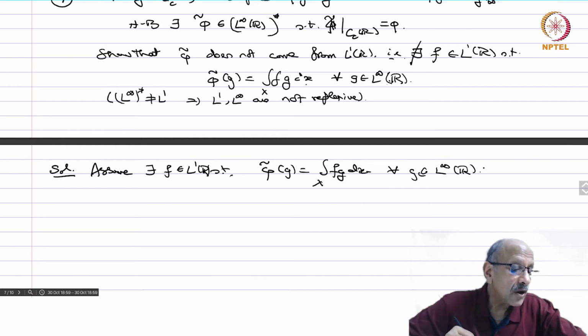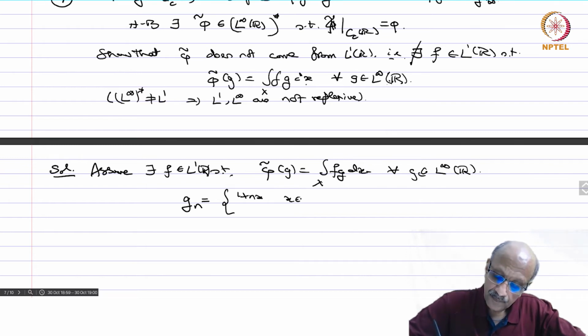Okay, so now we take g_n to be the following function. This is 1 plus nx if x belongs to minus 1 by n to 0, 1 minus nx if x belongs to 0 to 1 by n, and 0 otherwise.